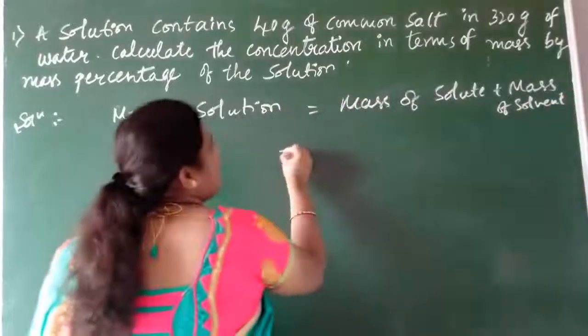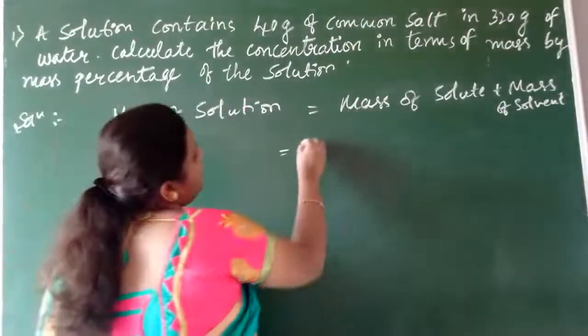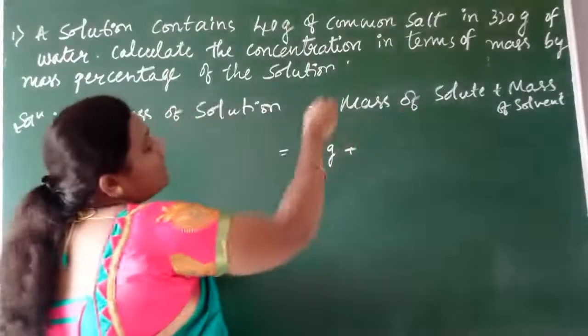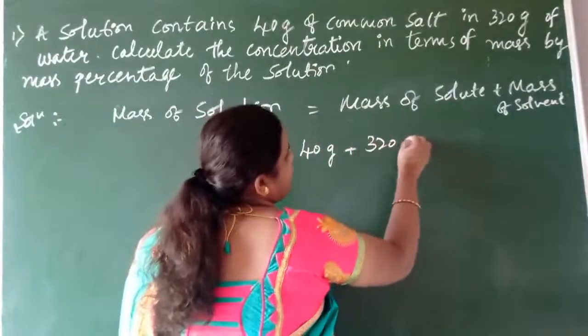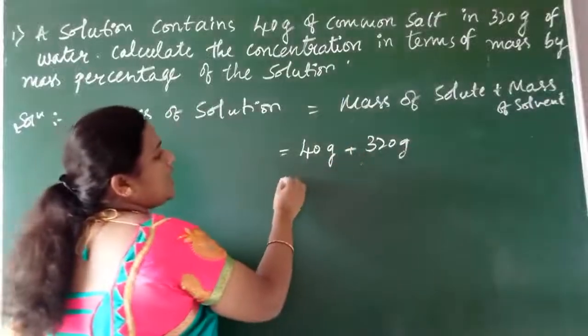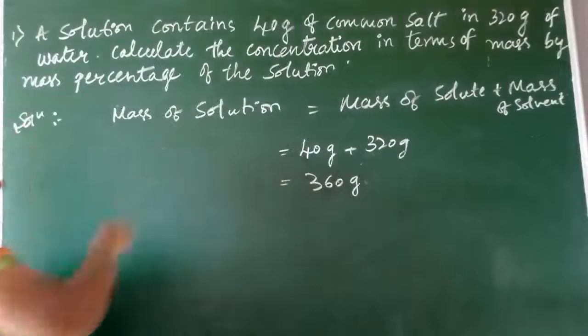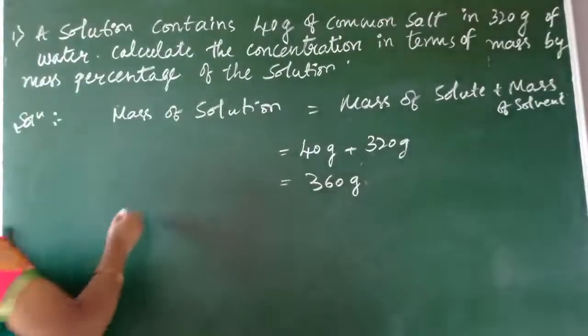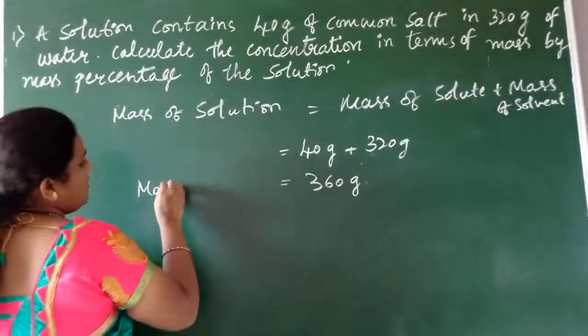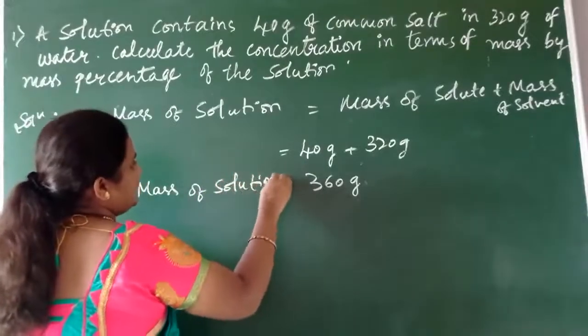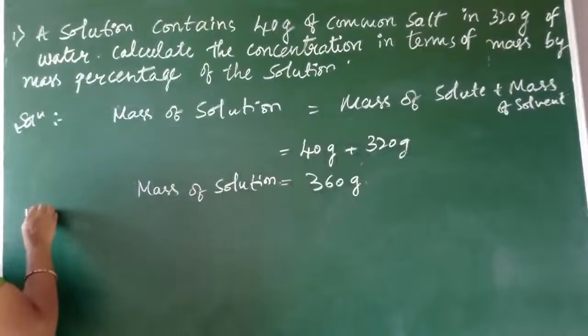What is the mass of solute, children? 40 grams. And the mass of solvent is 320 grams. So 40 plus 320, how much? 360 grams is the mass of solution.